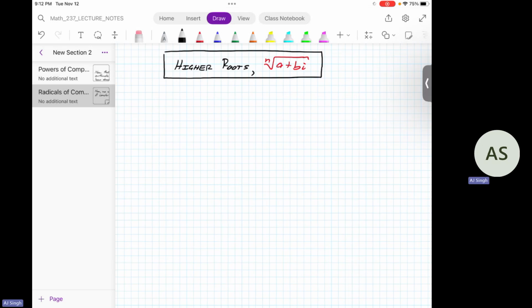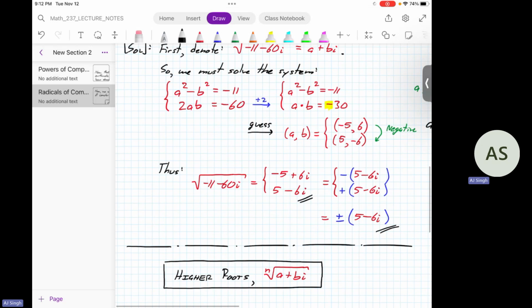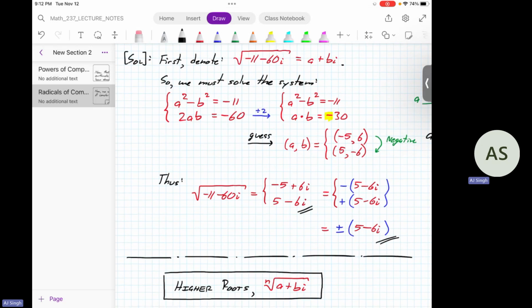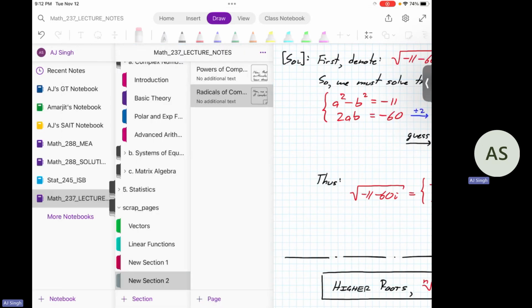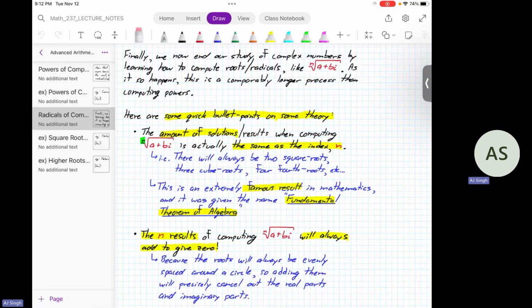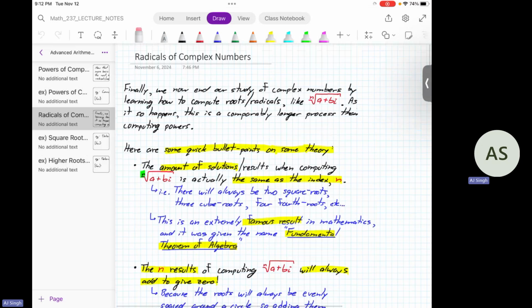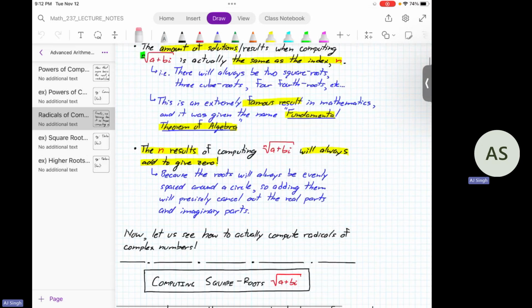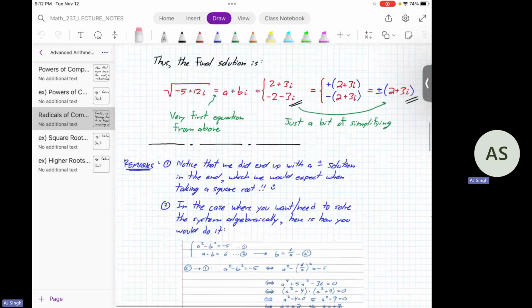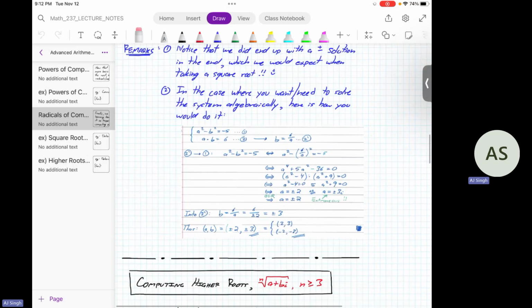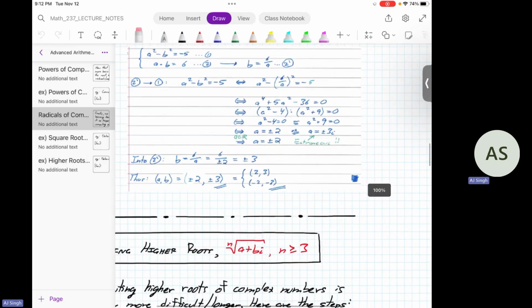Oh, right. Before that, sorry. Before that, I did say that yes, you can guess, but you could also do substitution. I don't want to show that right now live. I'll leave it to you to take a look. But if you go to my actual lecture notes, this is the radicals of complex numbers, and you scroll down a little bit, there is this screenshot right here.